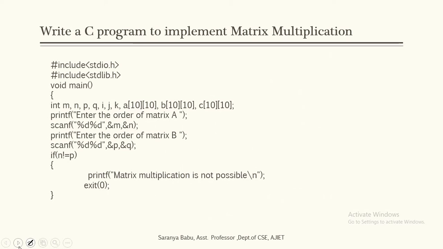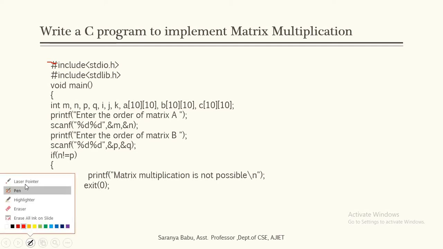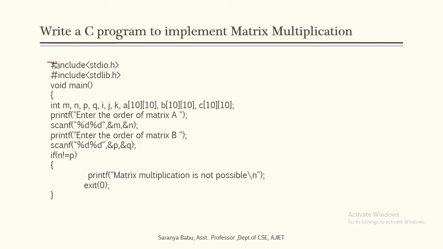Now, we will try to implement this logic that we have discussed as a C program which will perform the matrix multiplication. Here, we will begin with the two header files. Majorly we are making use of the standard input output library.